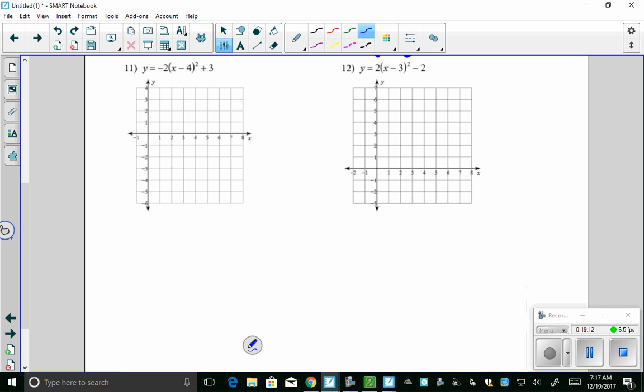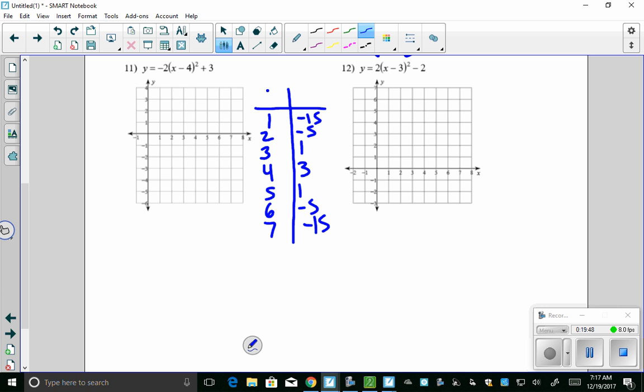Number 11. 3 goes in the middle. Plug it into your calculator. Plot your points.